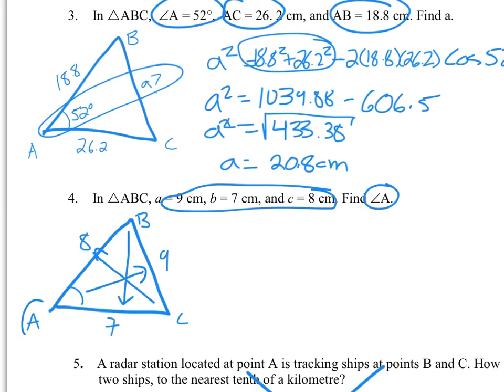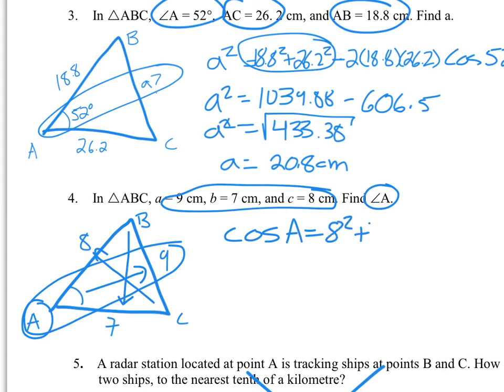Find angle A. Cool. So what's important here, I'll circle, is the side length that matches to angle A. So I'll use my formula, trying to find that angle A. You're going to take your other two sides, square them and add them up. The one that you subtract at the end here on the numerator side is the one that matches. So the 9.